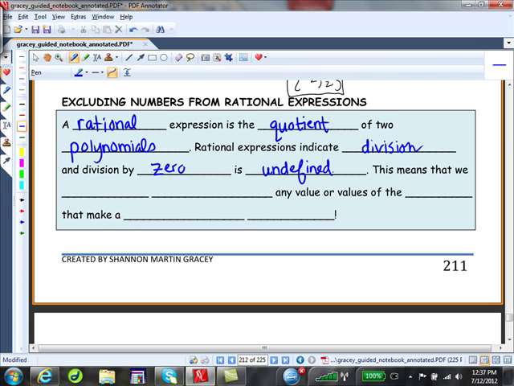This means that we must exclude any value or values of the variable that make a denominator 0.